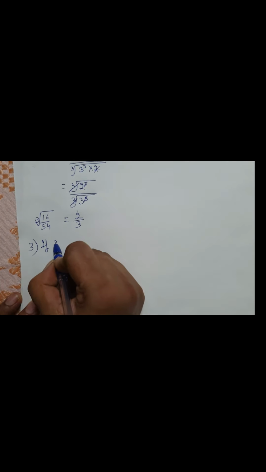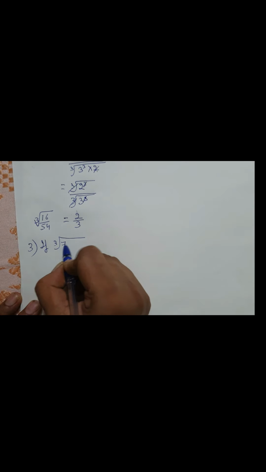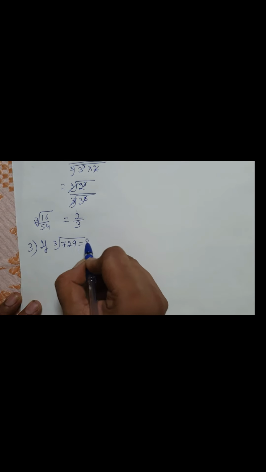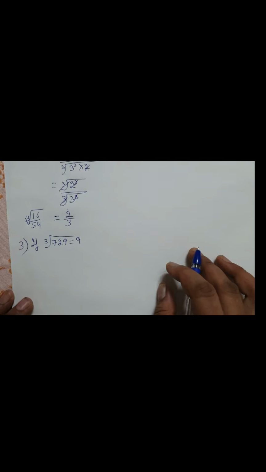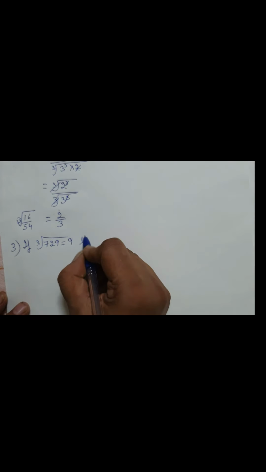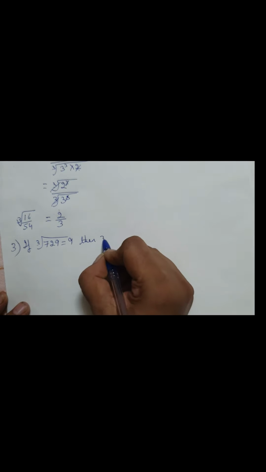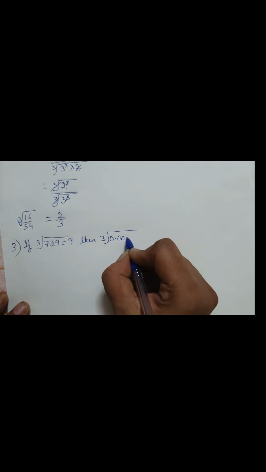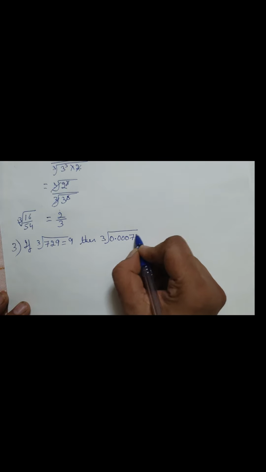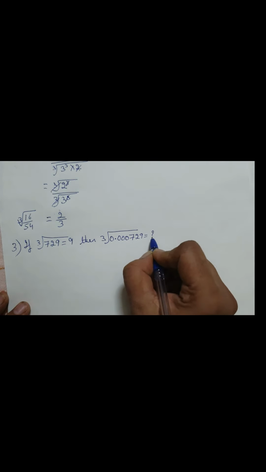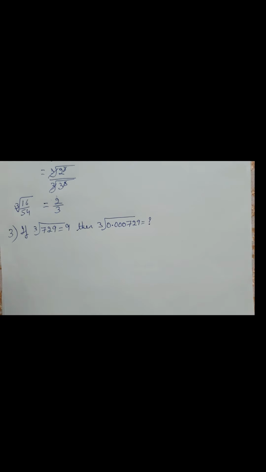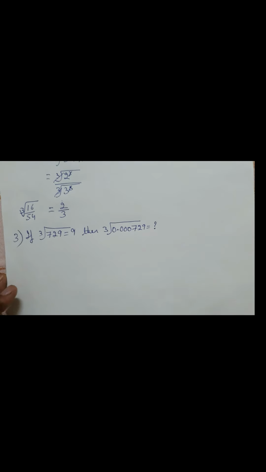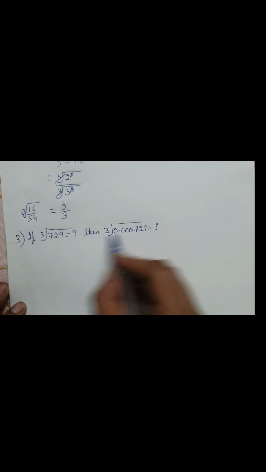If cube root of 729 is equal to 9, then cube root of 0.000729 is equal to how much? Okay, this is the question mark. So we will write this over here.